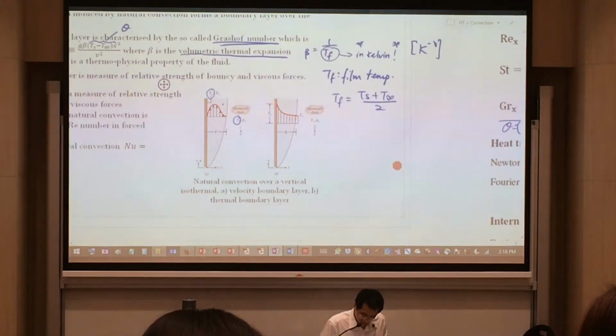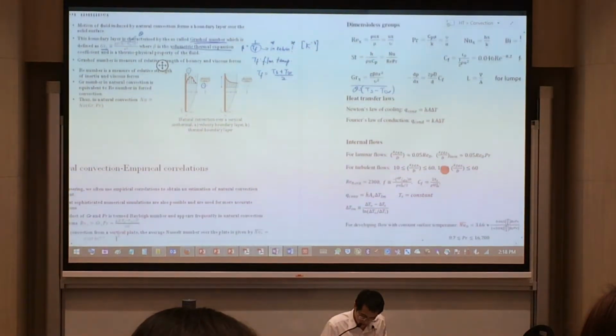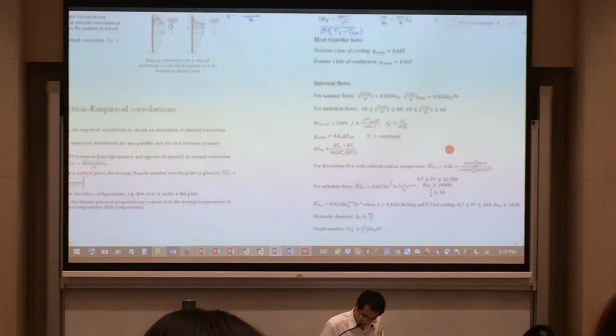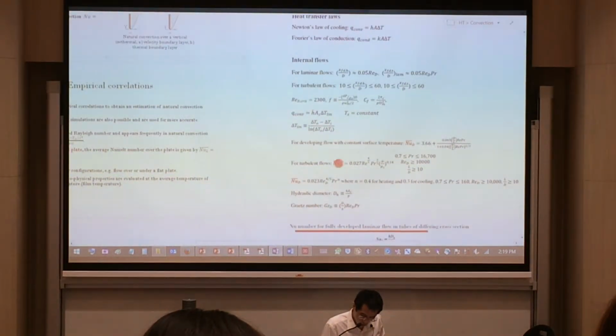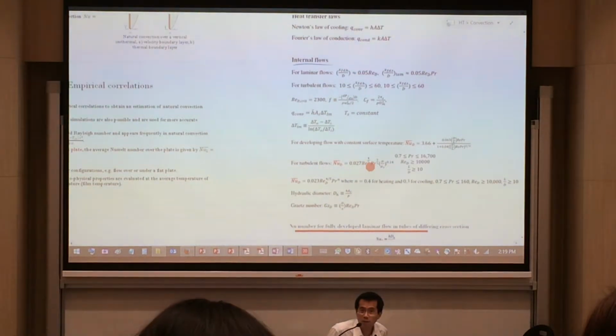If I slide back again to look at the set of equations that have been discussed so far, this is your new data sheet that you will use to replace the first page in the set of data sheets you already have. If I go over to internal flow, taking some of these Nusselt number expressions, for example in turbulent flow, you would see that your Nusselt number is a function of Reynolds number and Prandtl number.